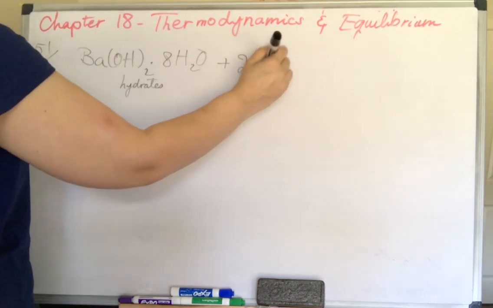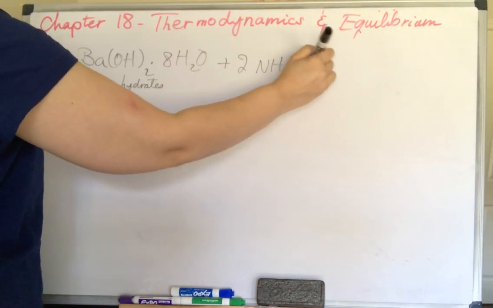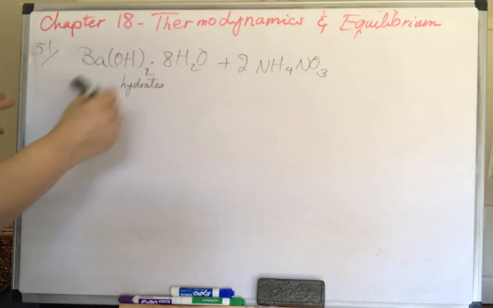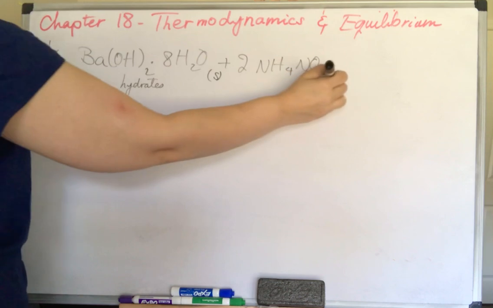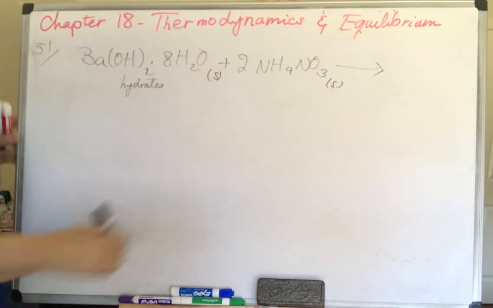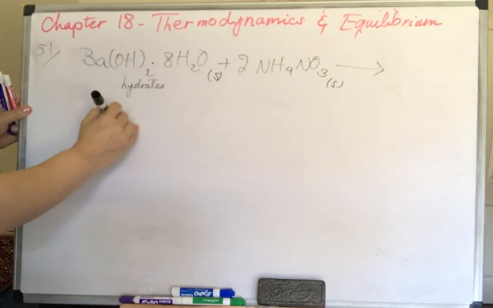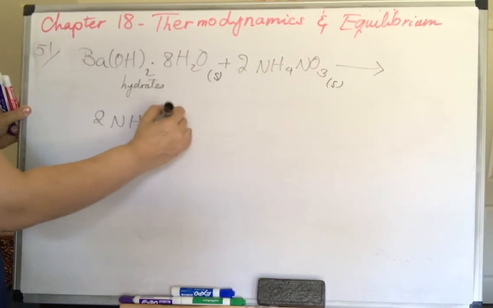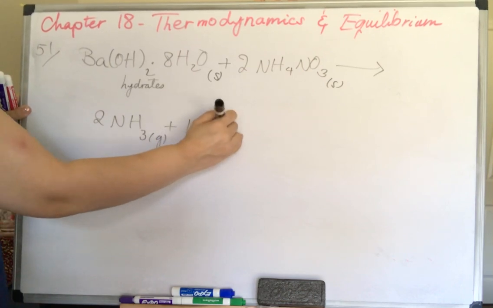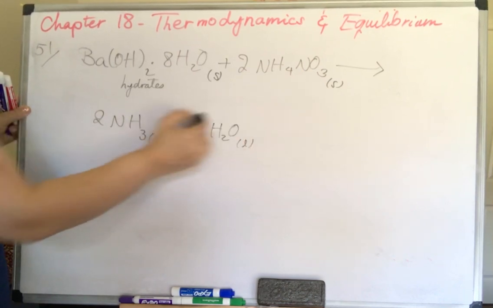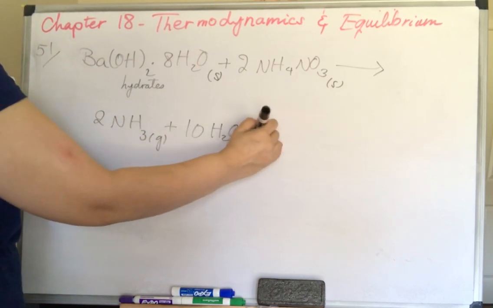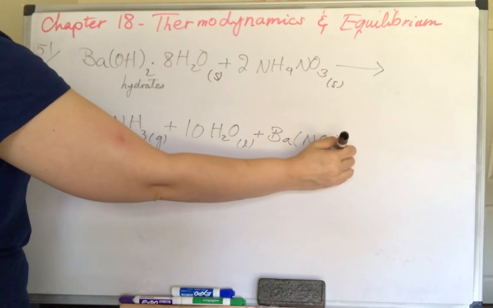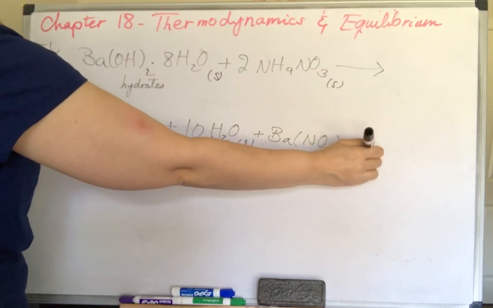Plus 2 NH4NO3, 2 moles of ammonium nitrate. They are both solid. They change to 2 NH3 gas plus 10 H2O liquid plus Ba(NO3)2, and this is aqueous.